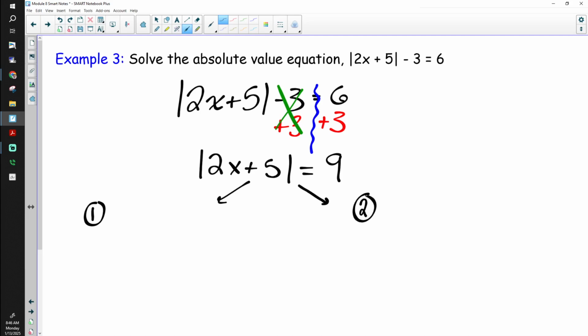And you notice when we do set up our two cases, we get rid of the absolute values. Us setting up two cases is how we get rid of the absolute value signs. So we can continue to solve.